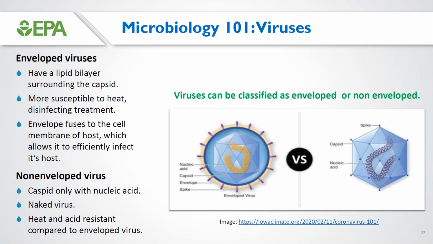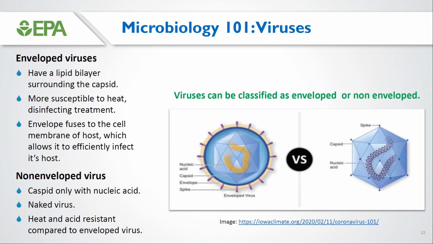Okay. So viruses are classified as either enveloped or non-enveloped, much like bacteria, where we classify them as either gram-negative or gram-positive. An enveloped virus contains a lipid bilayer around a capsid. This lipid is necessary for the virus to infect its host. If the bilayer is disrupted at all, it cannot replicate.